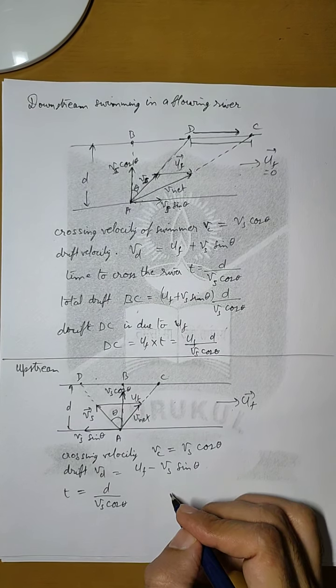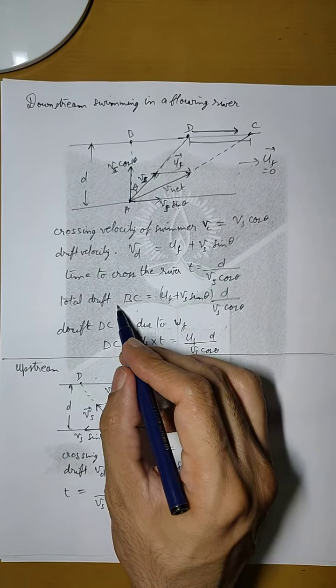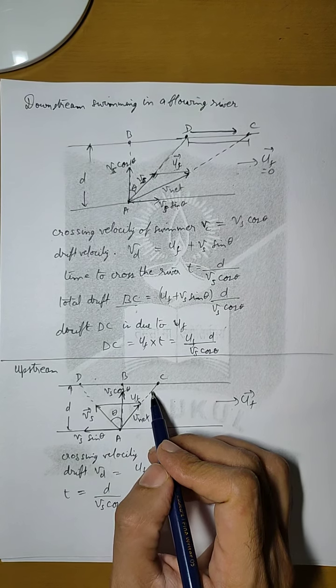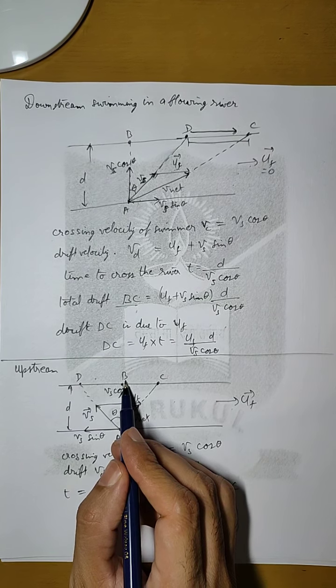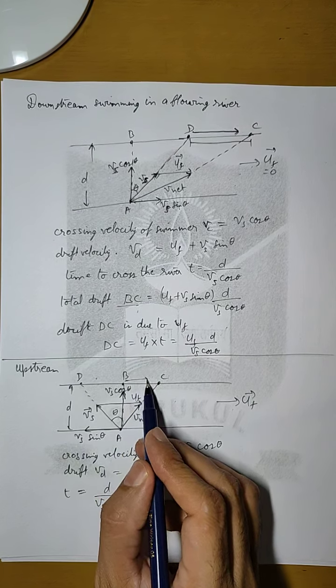And if we talk about the total drift BC, then it will be equal to the velocity into time, and the velocity will be the velocity which is taking the swimmer in this direction.